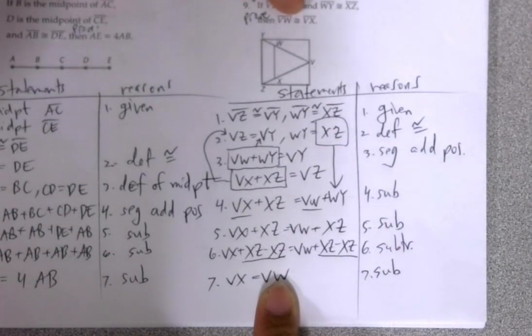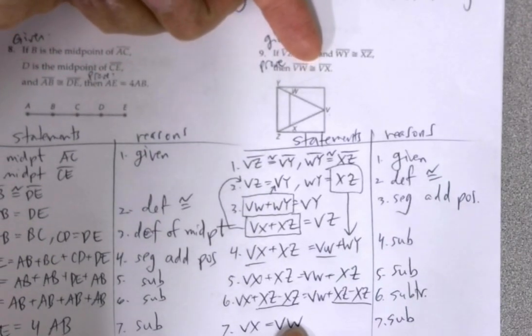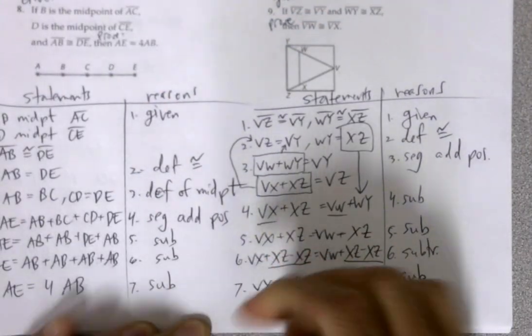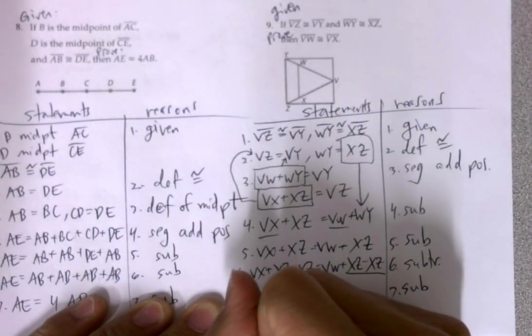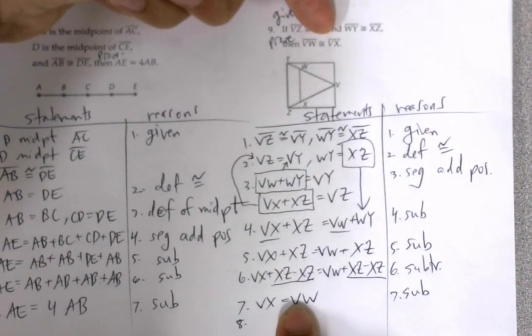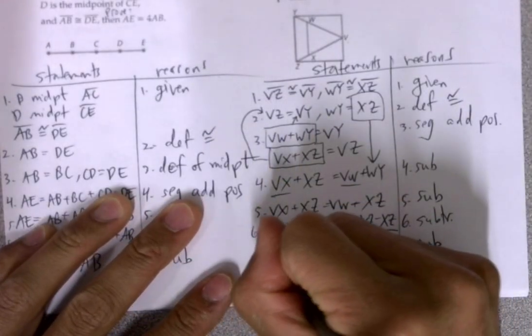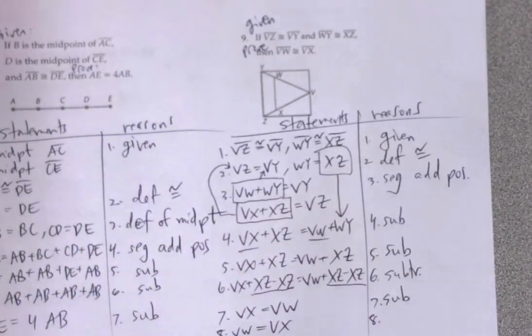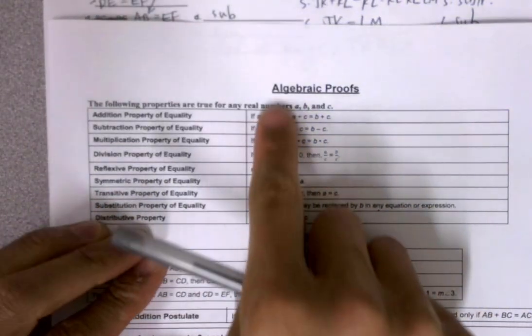Lastly, I need a congruency statement. So I need to turn this equal sign into a congruency statement. How do I do that? Well, first I can flip it. So 8 is, I need to flip it, so the VW needs to be on the left side: VW is equal to VX. And what lets me do that? Well, now I'm looking back at my proof sheet and which algebraic property lets me do that.